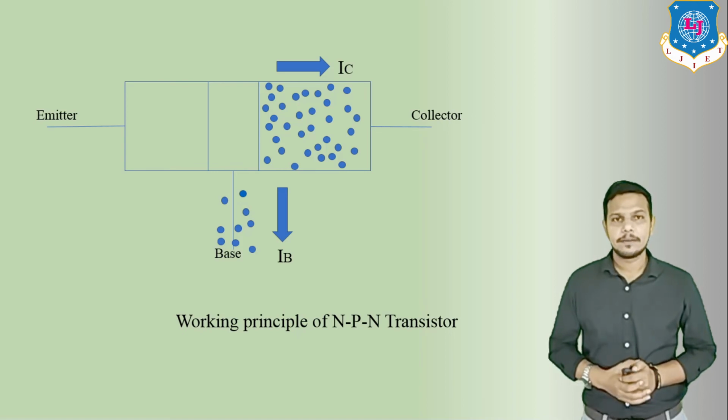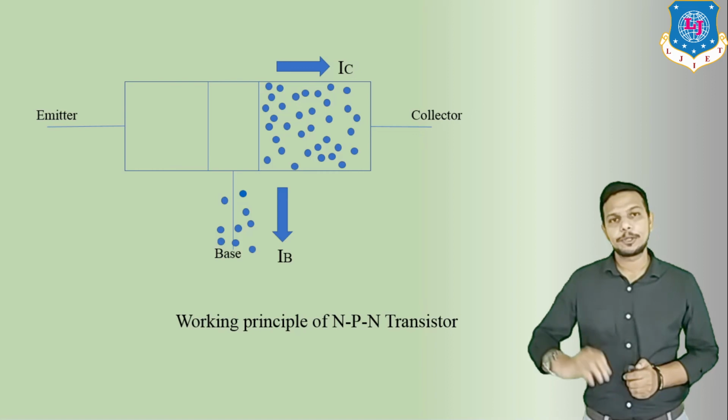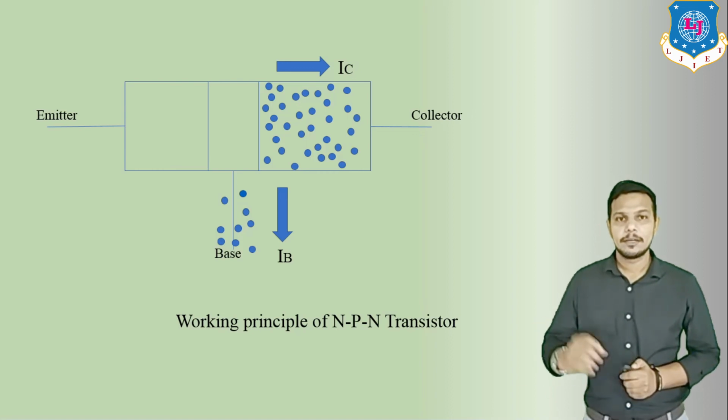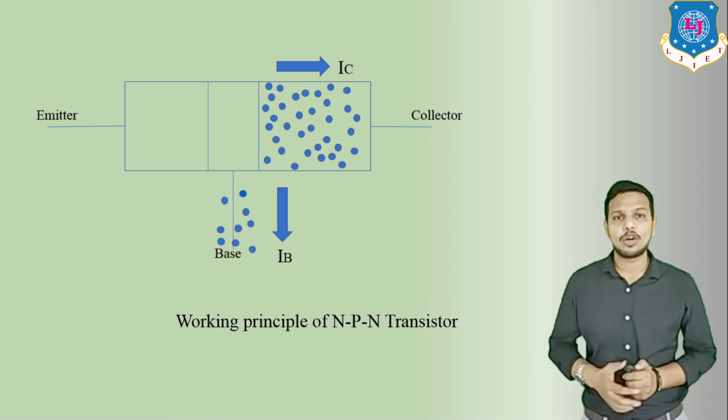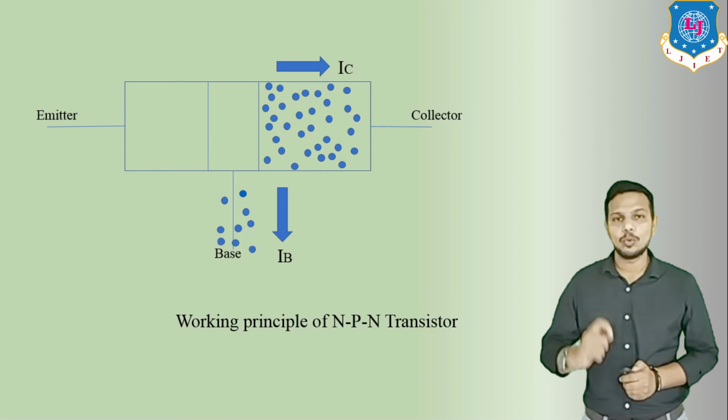Collector current is 98% of the total current, whereas base current is only 2% of the total current. That's why IE is equal to IB plus IC.